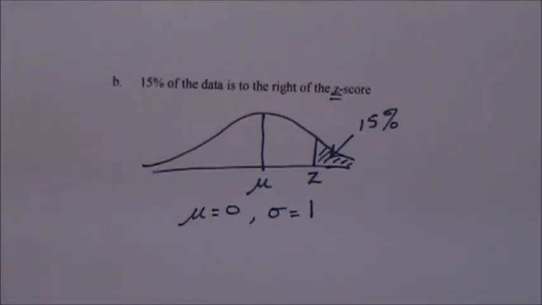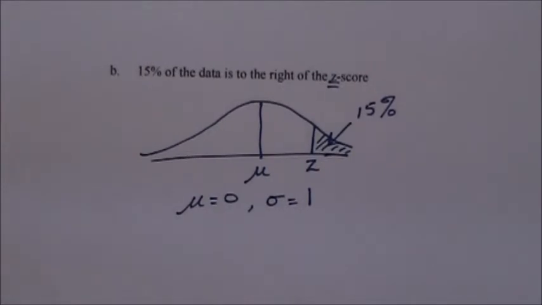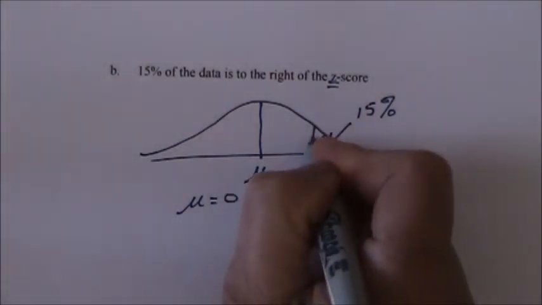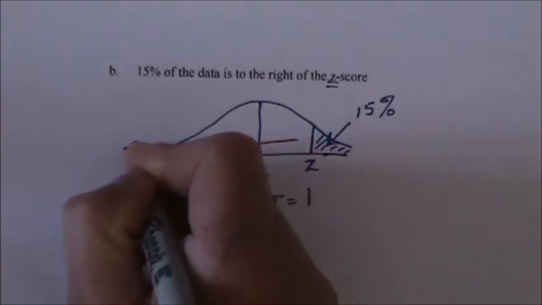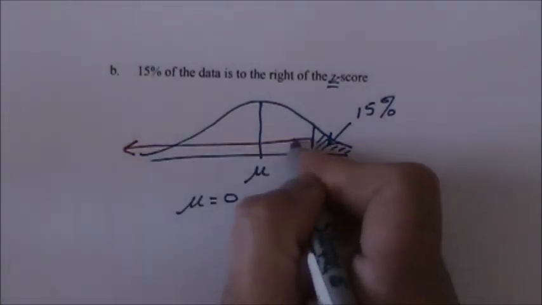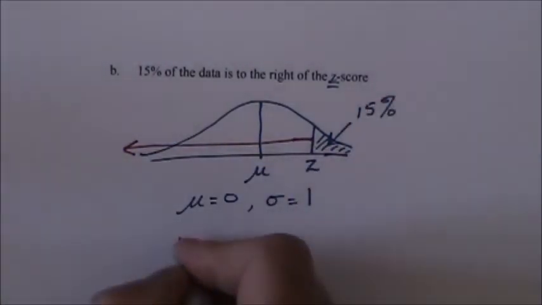Now, one of the things about the inverse norm is the fact that the area has to be going to the left of what we are looking for, not to the right. So in this scenario, what we need is we need to know what that area is. We're not going to use the 15%.